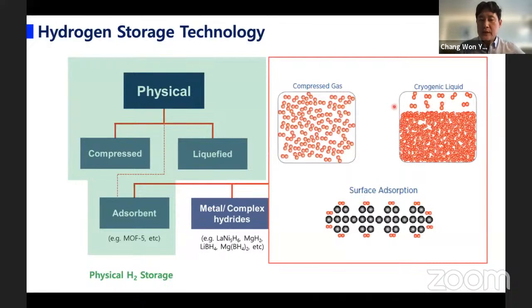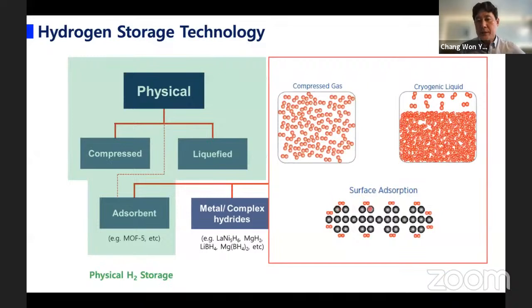So we cool down to 20 Kelvin to make liquid hydrogen. As you can see in the picture, the storage density of liquefied hydrogen storage can be much higher than that of compressed hydrogen storage.